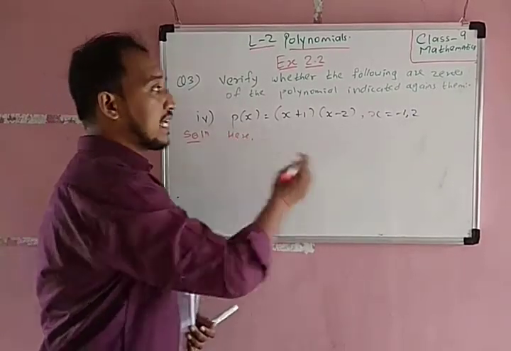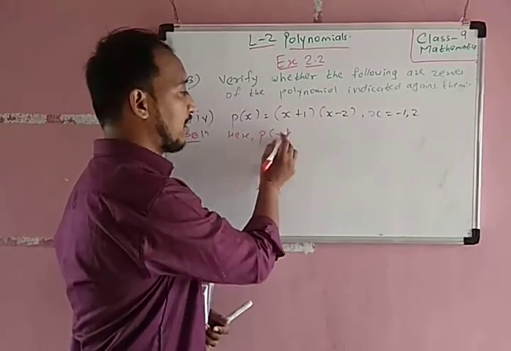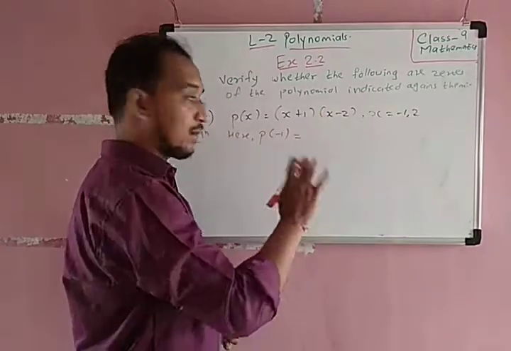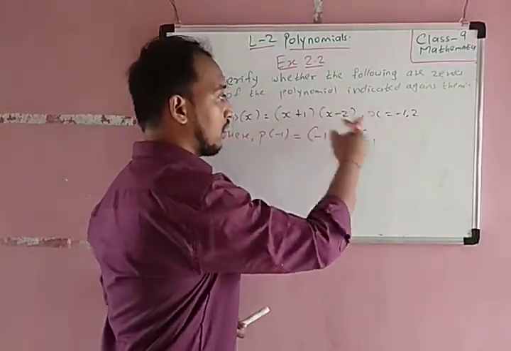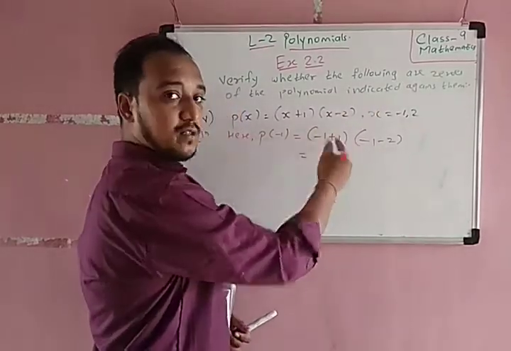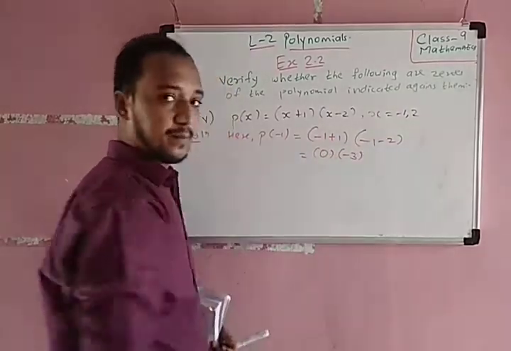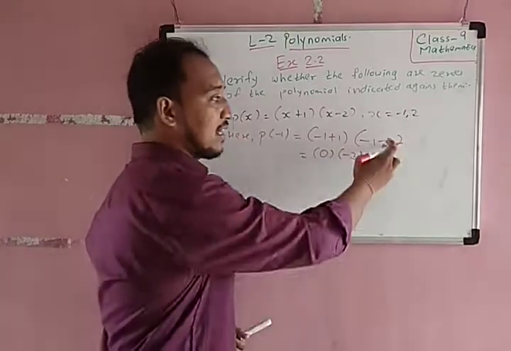Here first I am putting minus 1. So p of minus 1, in place of x we have to put minus 1, is equal to minus 1 plus 1 into minus 1 minus 2. Minus 1 plus 1 is 0. Minus 1 minus 2 is minus 3, since both are minus, minus minus plus, 2 plus 1 is 3, in sign of bigger number.